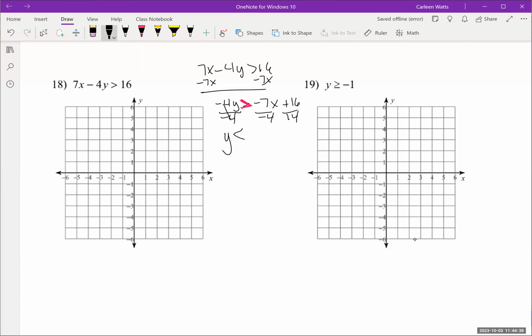Negative divided by negative is positive. Okay, so y-intercept is -4.